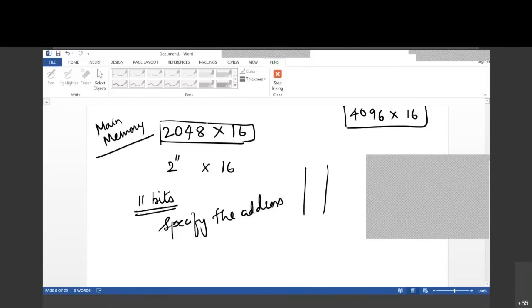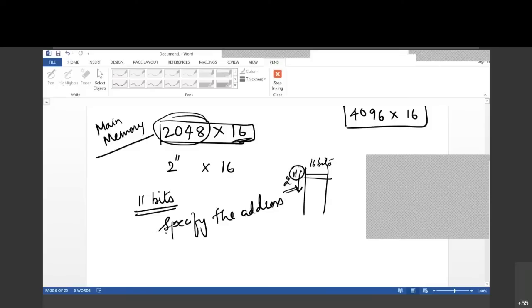It has 2048 words of 16 bits each. So the word size here would be 16 bits. And here I have 2 raised to 11 addresses, and hence I will need 11 bits to specify the address.